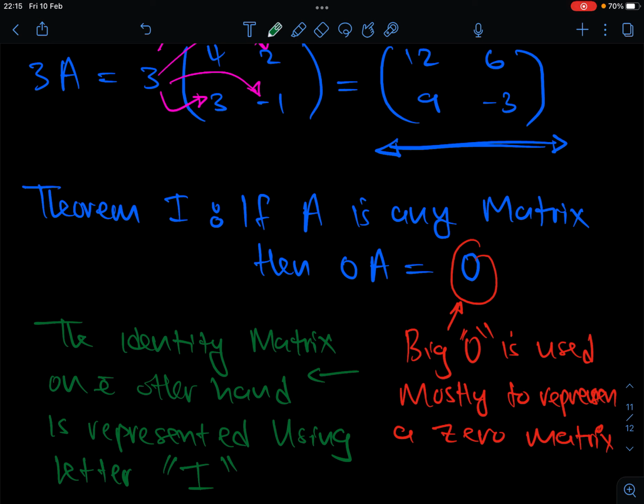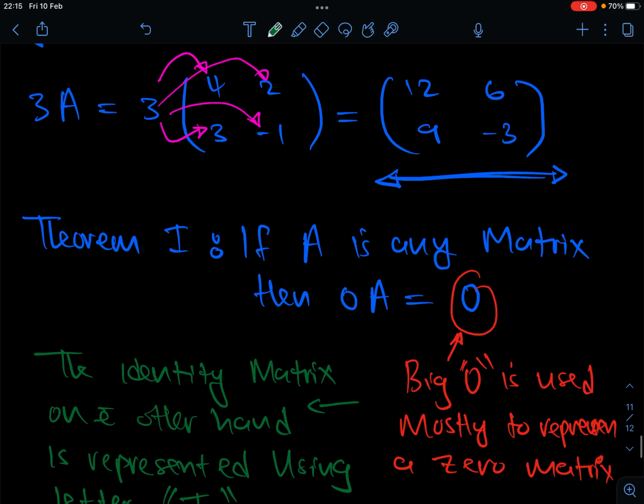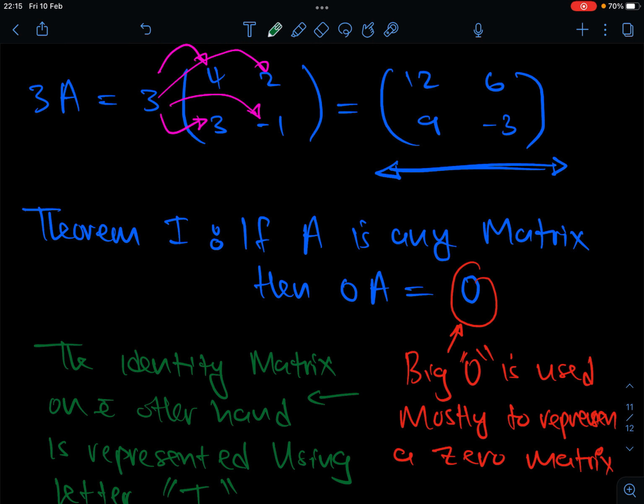It's good to keep this notation because it's conventional throughout this subject, and many authors stick to the same rules, so it will be good for us to stick to them without changing them.